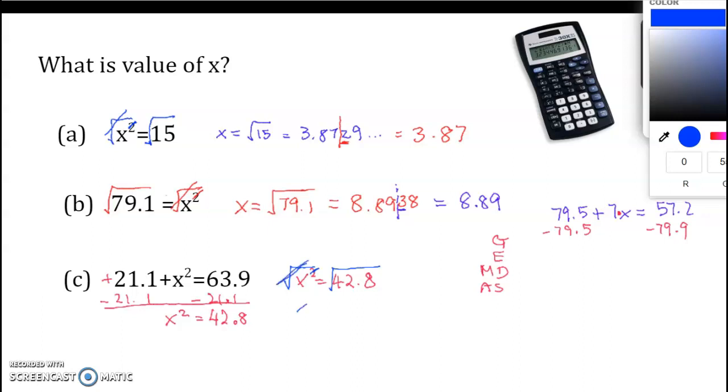On the left hand side, you're just left with x is equal to, then pull out your calculator: the square root of 42.8 is 6.54 to 2 decimal places. So I have just figured out what value x has to be in order for this equation to be true.